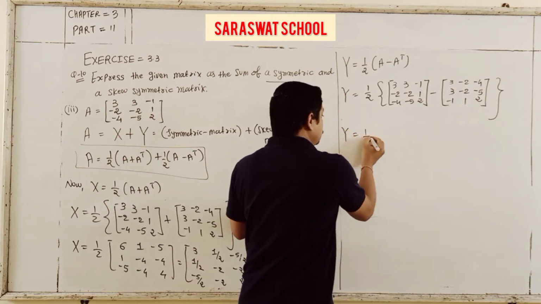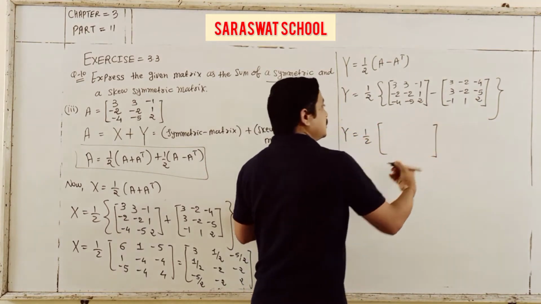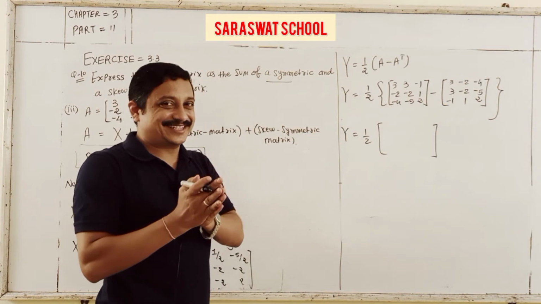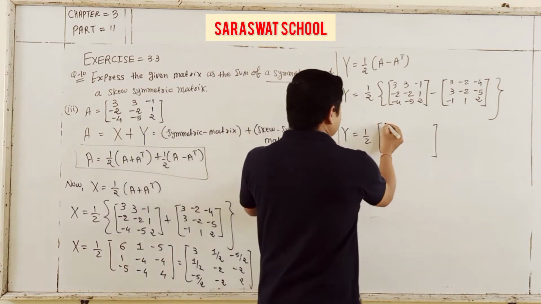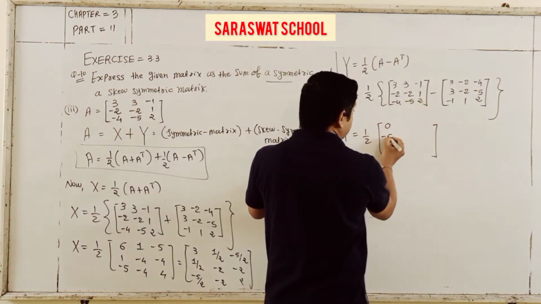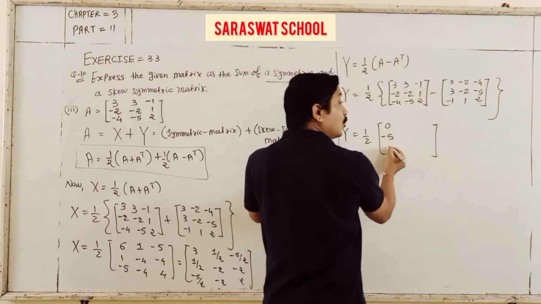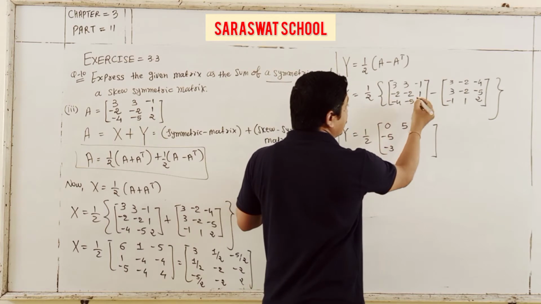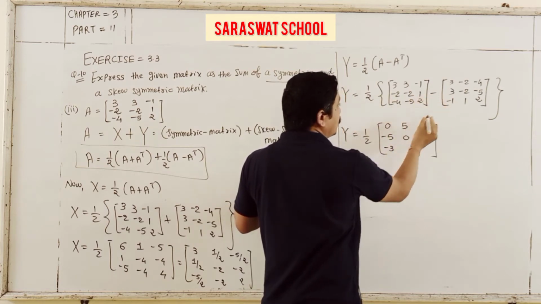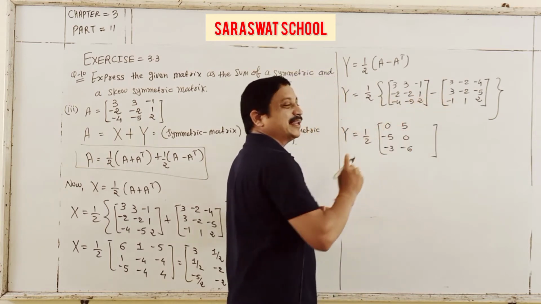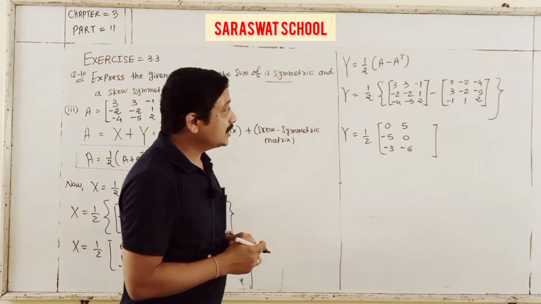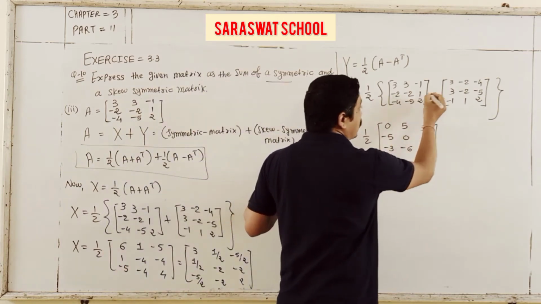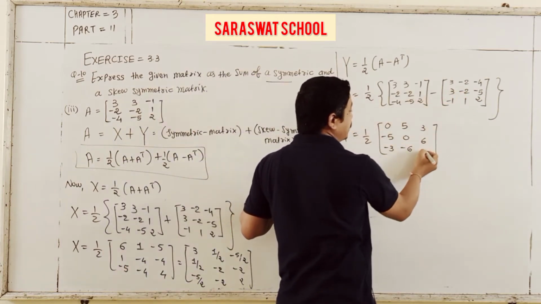Now simplify both subtractions. So 3 minus 3, 0, minus 2 minus 3, minus 5, and minus 4 plus 1 becomes minus 3. 3 plus 2, 5, minus 2 plus 2, 0, and minus 6, minus 5 minus 1, and last minus 1 plus 4 becomes 3, 1 plus 5, 6, and 2 minus 2, 0.